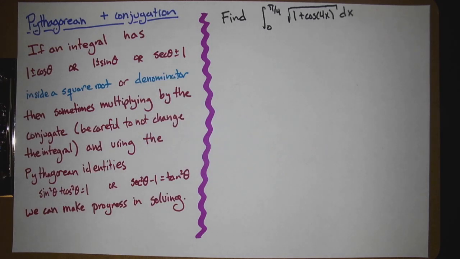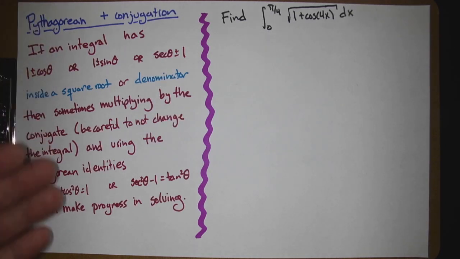So here's an example. An example will help illustrate. The integral from 0 to pi over 4 of the square root of 1 plus cosine 4x dx. Right now, not looking very hopeful. But there's an idea.